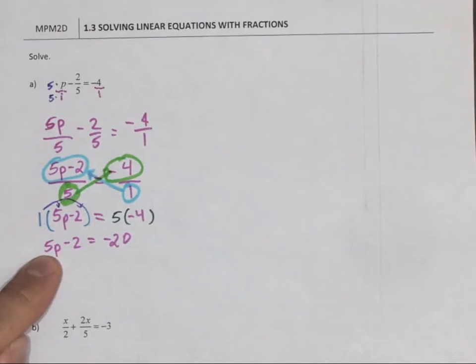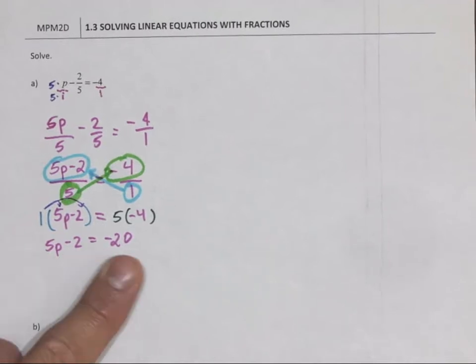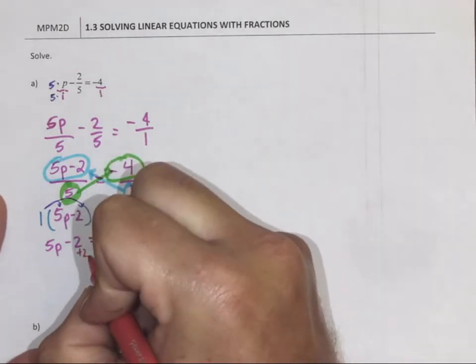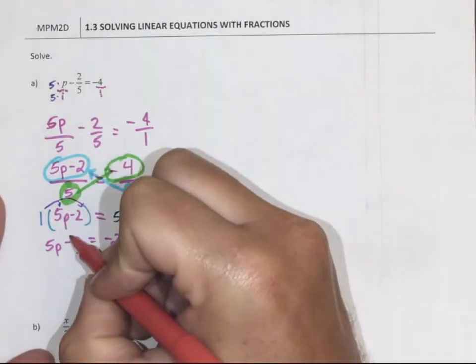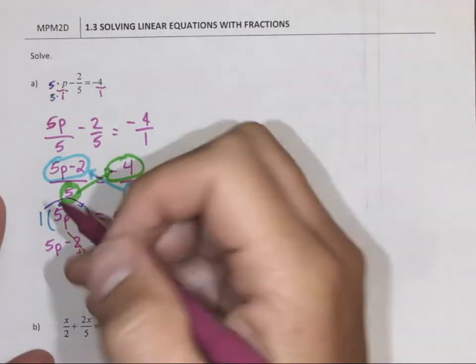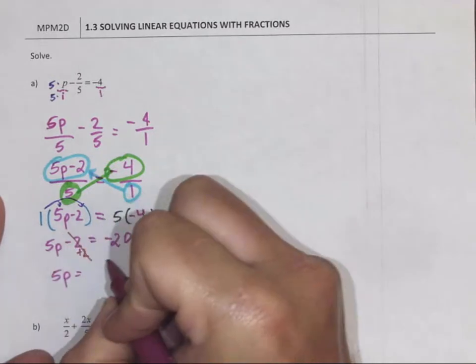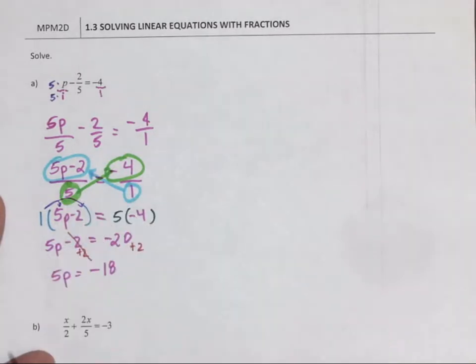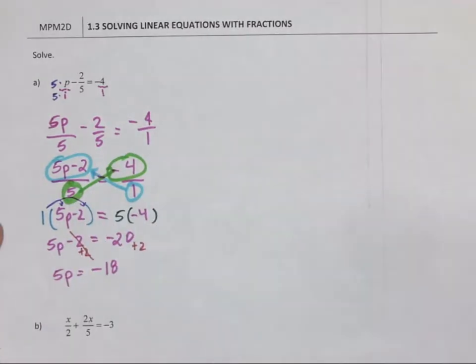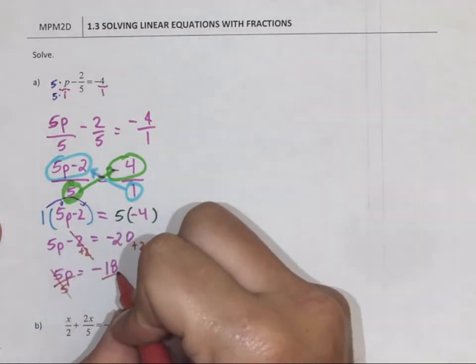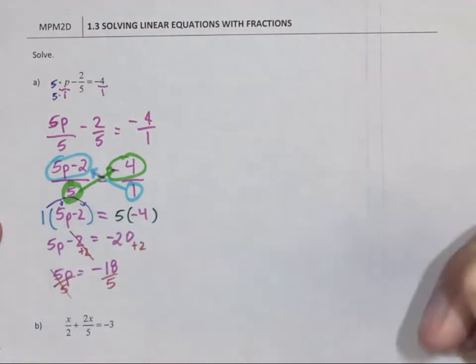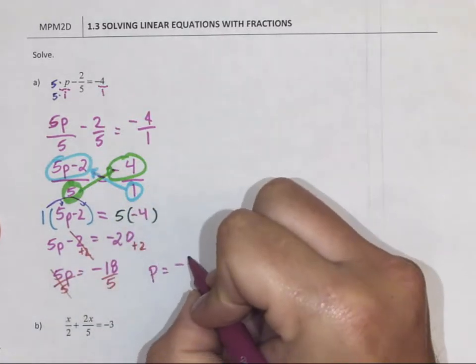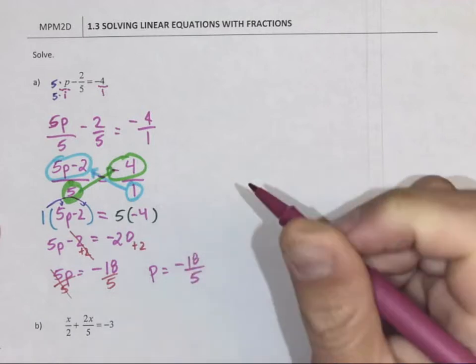All the terms with p are on the left, so let's get all the constants on the right. Add 2 to the left, add 2 to the right. Divided by 5, divided by 5, and we have p equals -18 fifths.